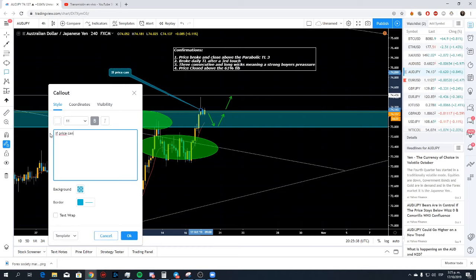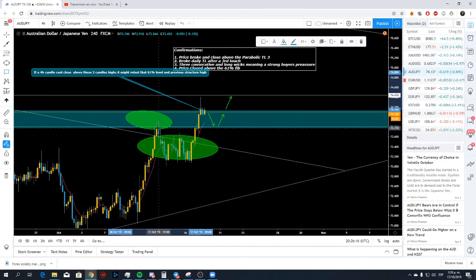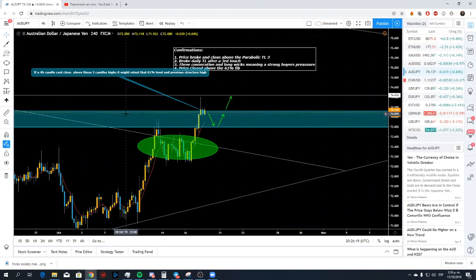If a 4H candle can close above these two candles' highs, it might retest the 61 level and previous structure high. The previous structure high is this one. I deleted these circles.